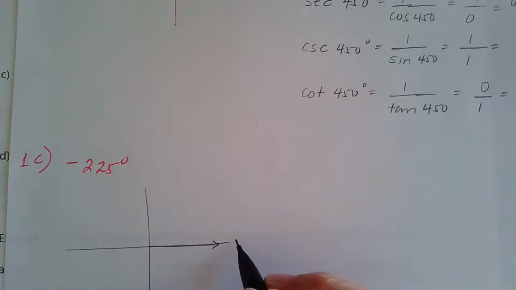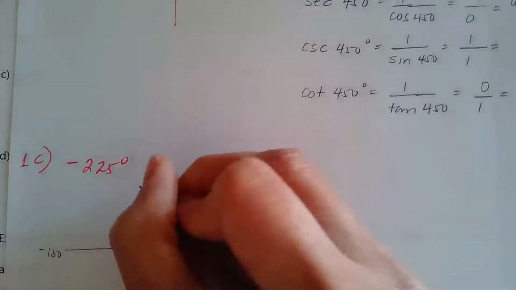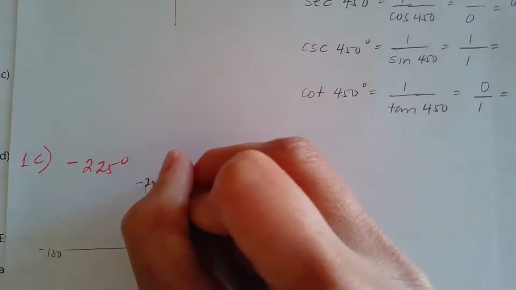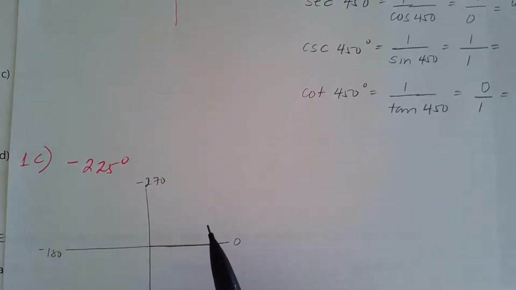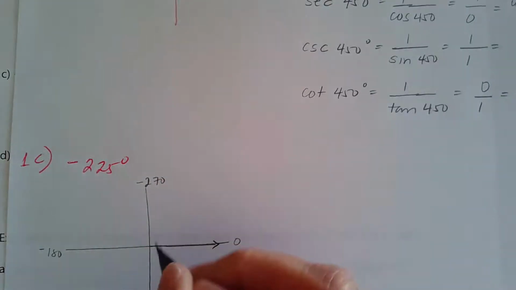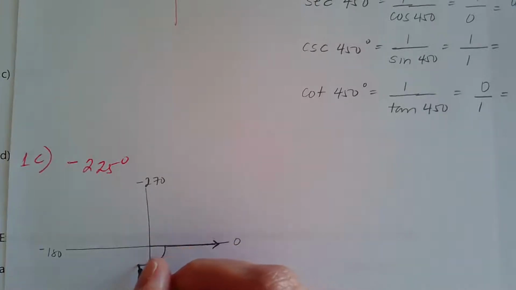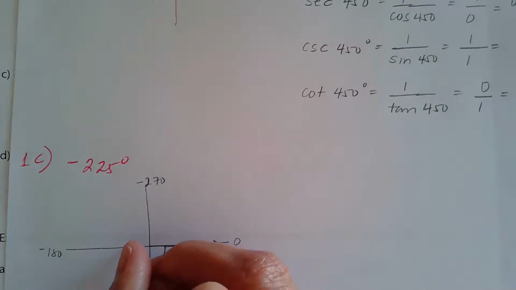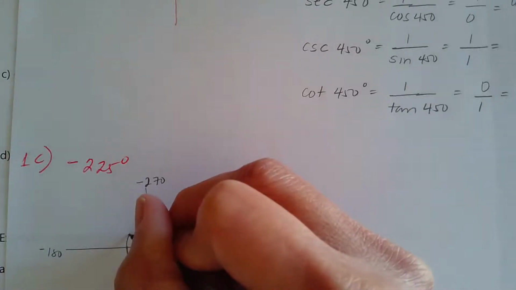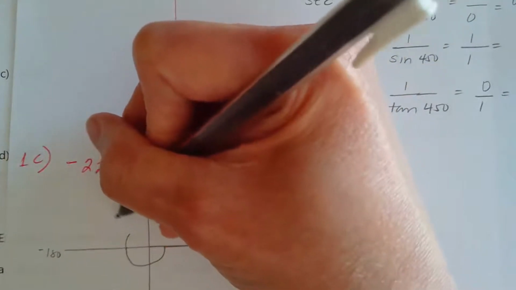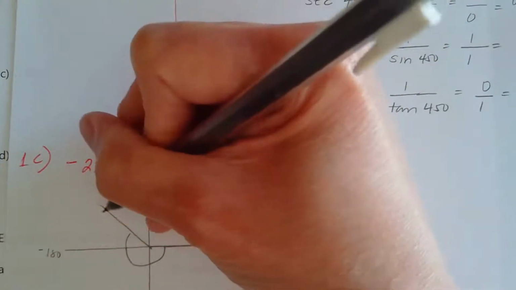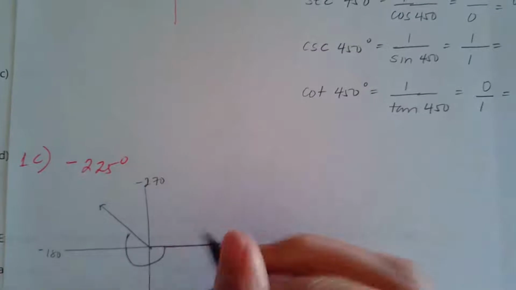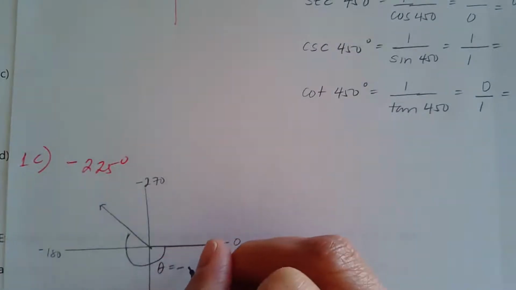So this is going to be 0, negative 90, negative 180, negative 270 here. Where is negative 225? From the initial arm, we're rotating negative 180, and then I have to do a little bit more this way, which is another 45 degrees. That's where it is.